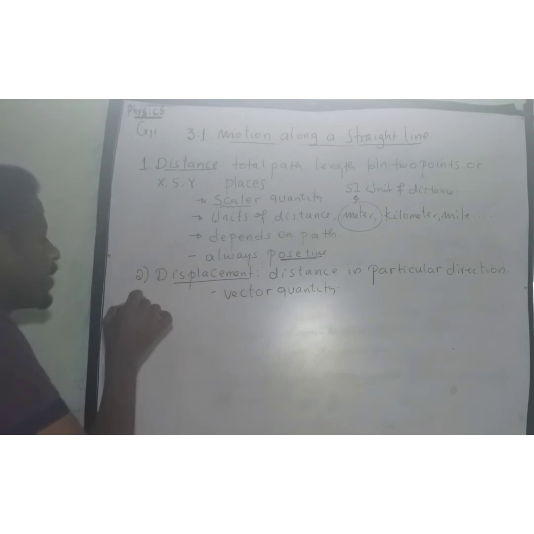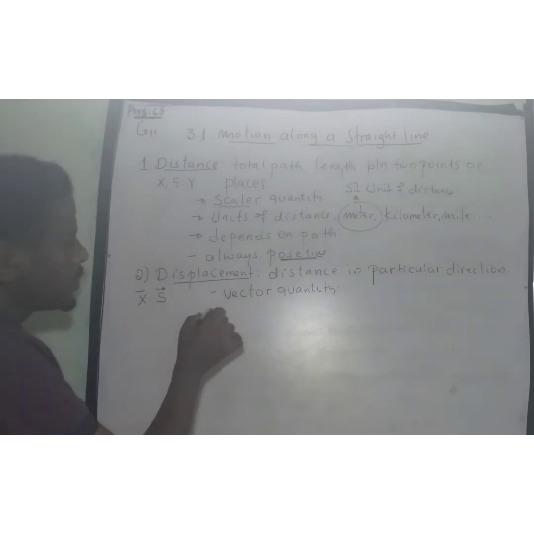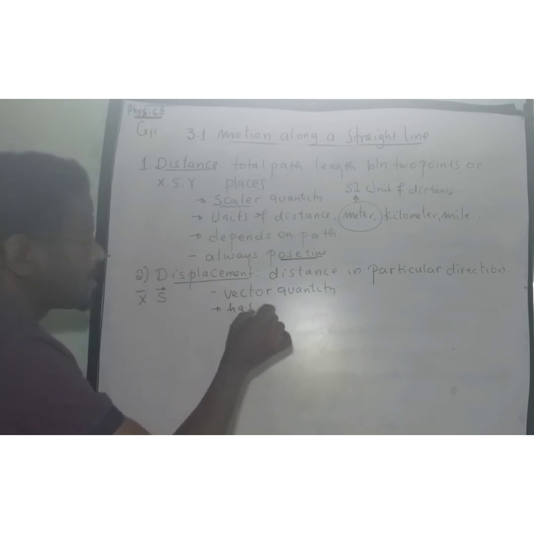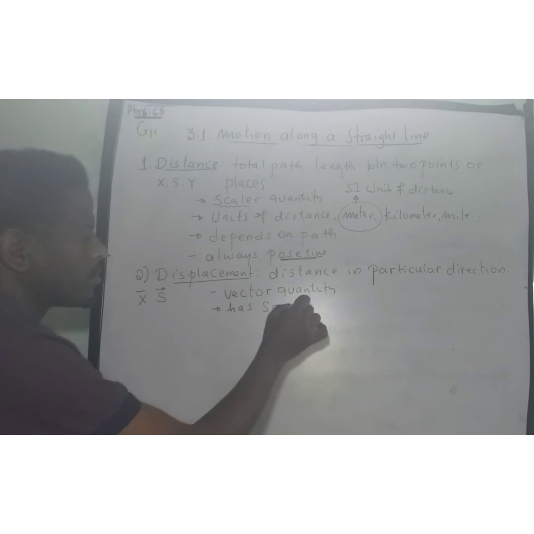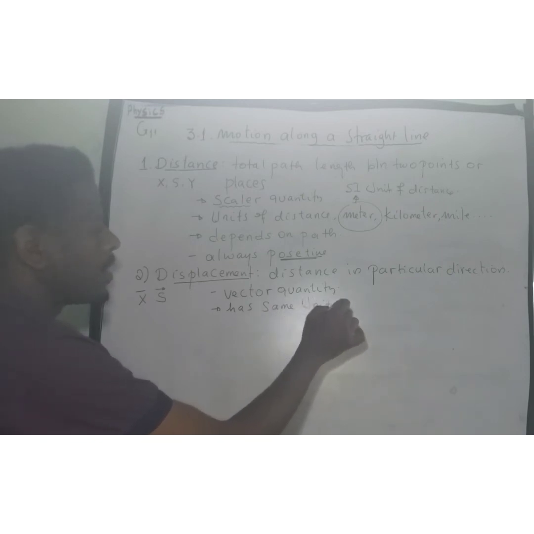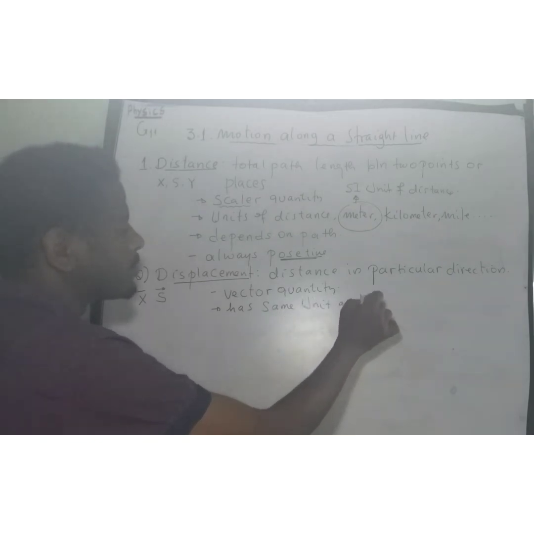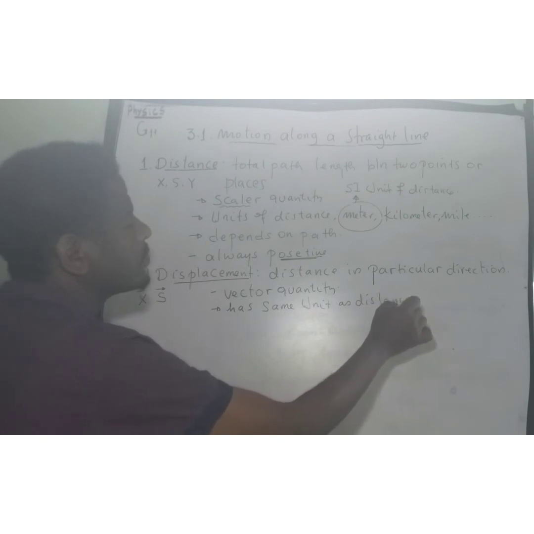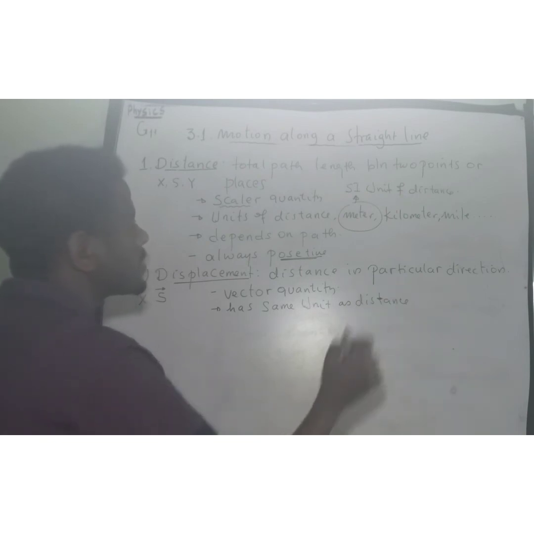It's represented by using X with a bar or S with a bar to represent a vector. The unit of displacement is the same as that of distance.